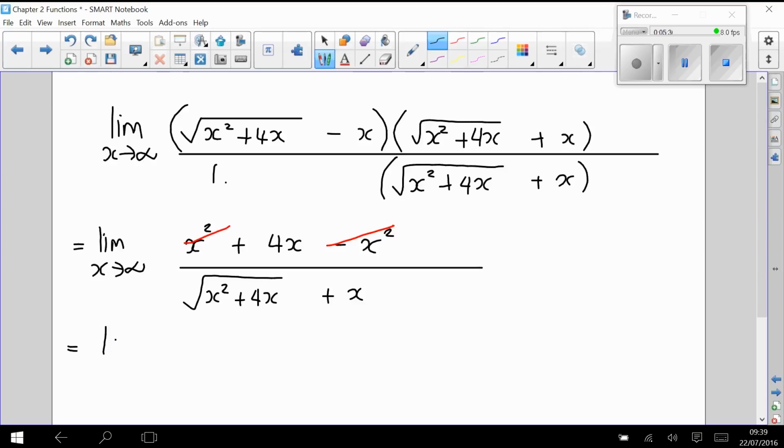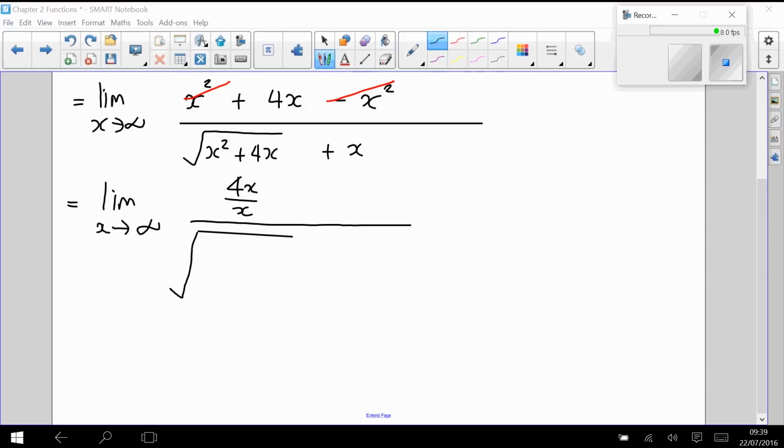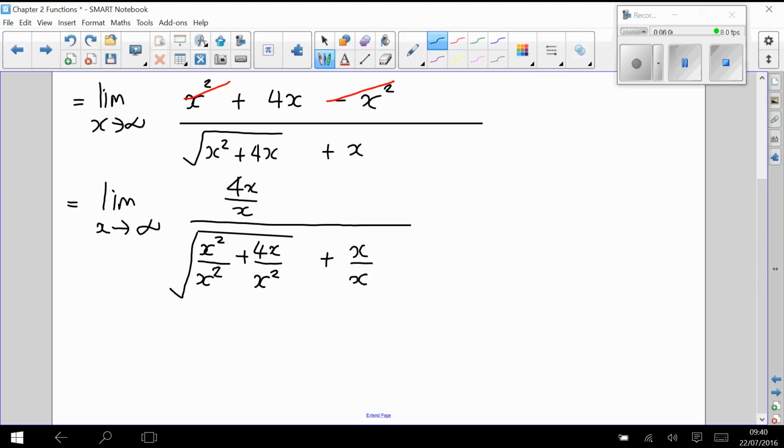If I write this out so that you can see what I'm dividing by, my expression will be 4x all over x, and then in my denominator, I'm going to have x squared under the root, so it's divided by x squared, plus 4x, still under the root, so divided by x squared, but this x is outside the root, so I just divide it by x.